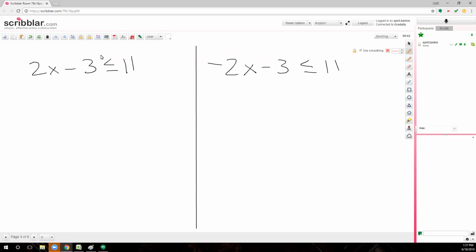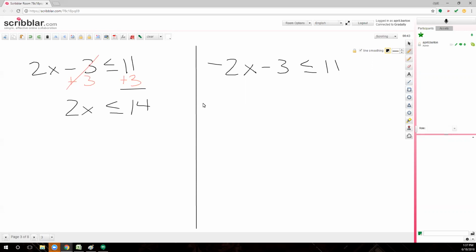This time with our -3, the opposite is to add 3. So doing that opposite, now we have another opposite to do. The opposite got rid of the 3. We did 11 plus 3 to get the 14.